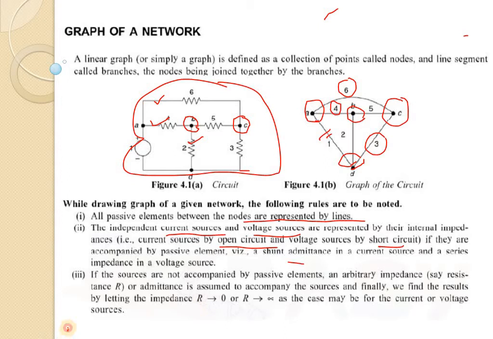In the third point, we have to remember that if the sources are not accompanied by passive elements, an arbitrary impedance or admittance is assumed to accompany the source. And finally, we find the result by letting the impedance R tend to 0 or R tend to infinity, as the case may be for the current and voltage sources.